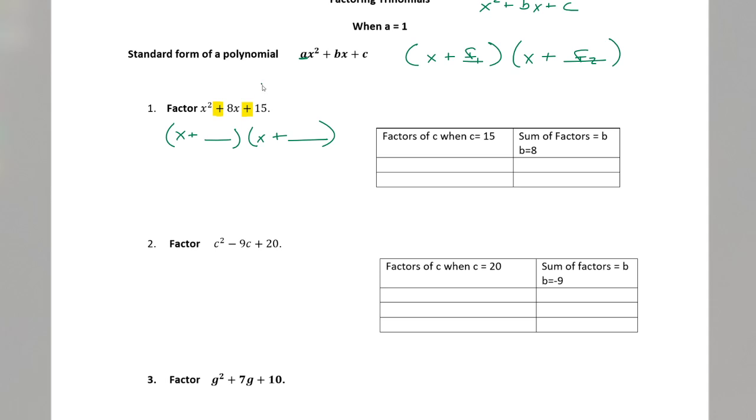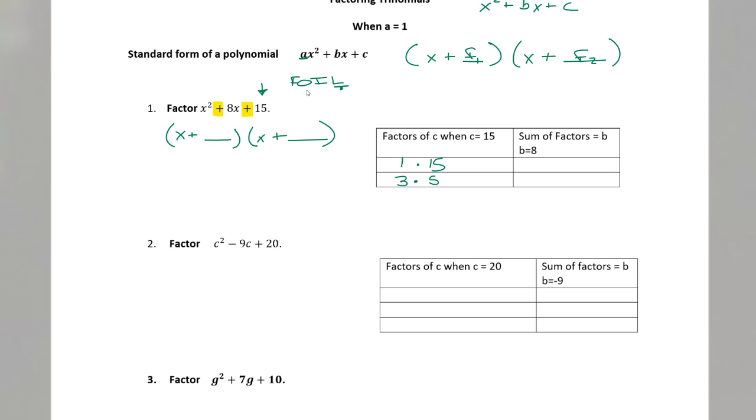Well, we need to look at our last term, because if you remember foiling, your last term is the last two of your binomials being multiplied together. So we need to think of what are some factors of 15. Well, we have 1 times 15 and 3 times 5.